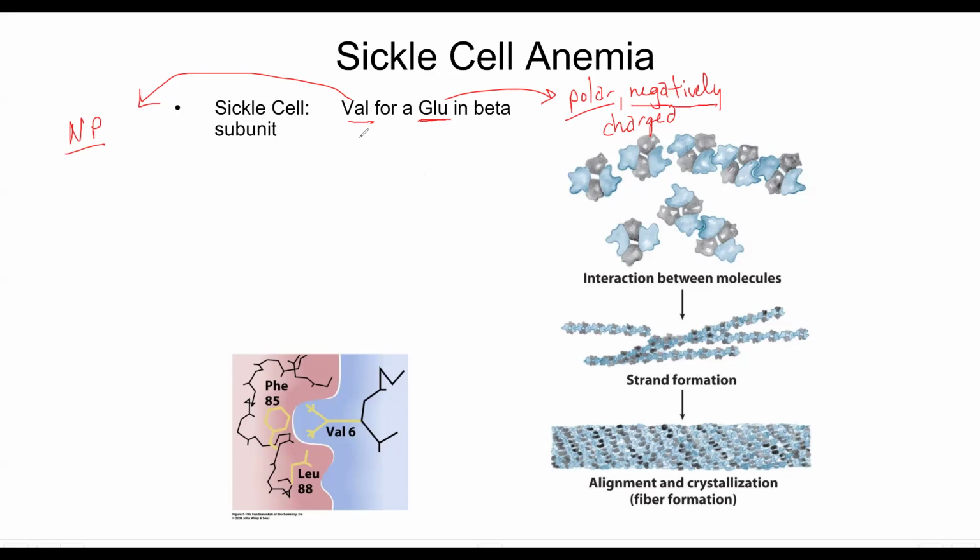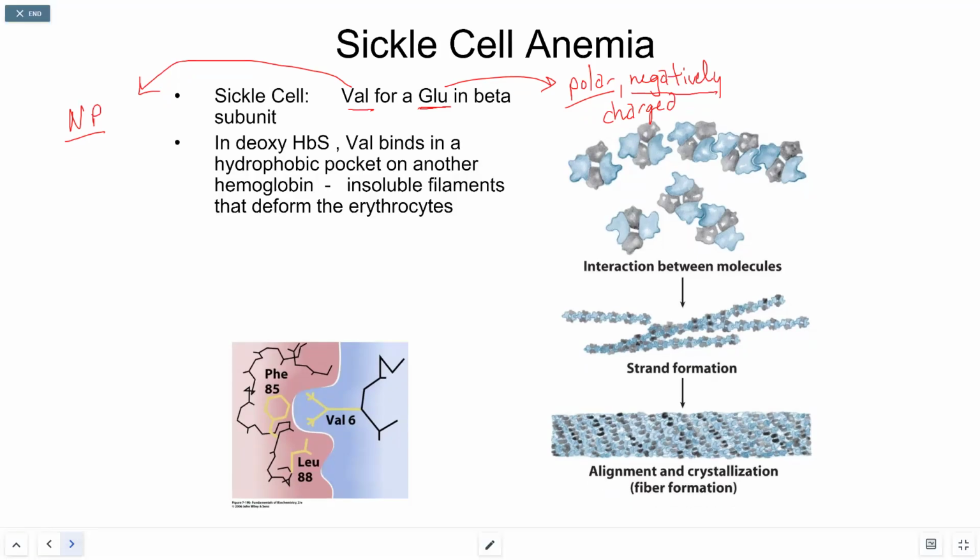Valine and glutamic acid are very similar in size to one another. And so they're almost a one for one substitution, or a one for one number of atoms mutation. But then the only difference ultimately boils down to the charge that they carry and the properties that they carry.